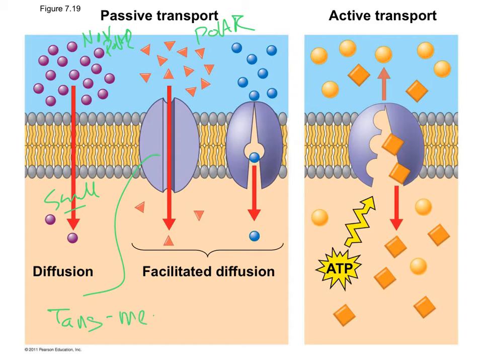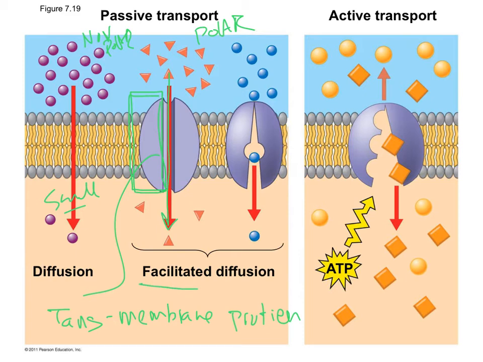transmembrane protein. So these proteins go all the way across the phospholipid bilayer, and they serve like little safety guards or whatever, helping polar molecules cross and go from an area of high concentration to an area of low concentration.